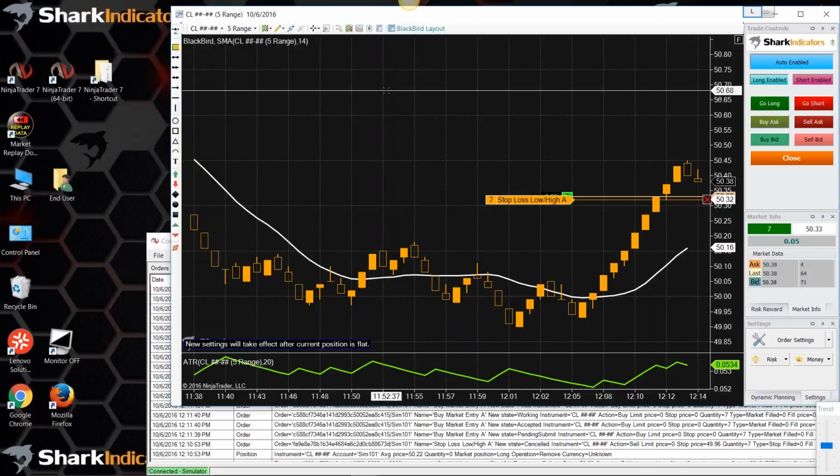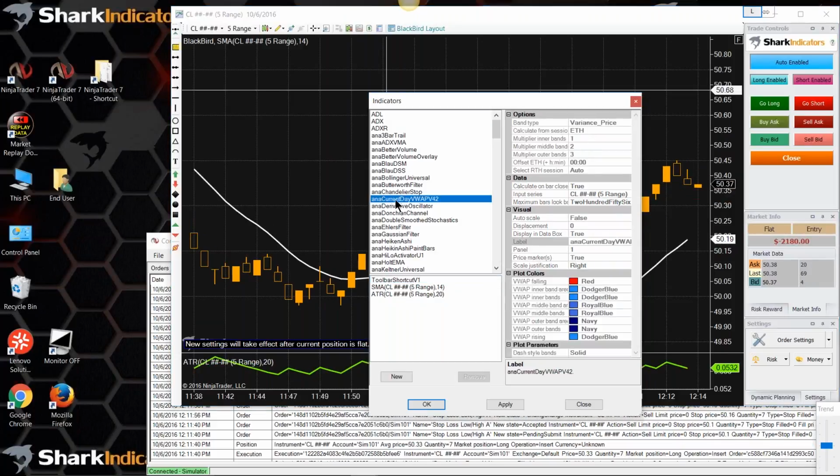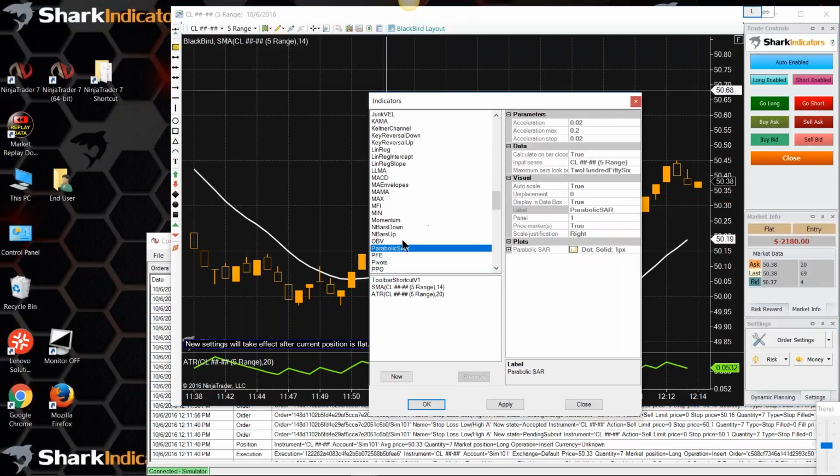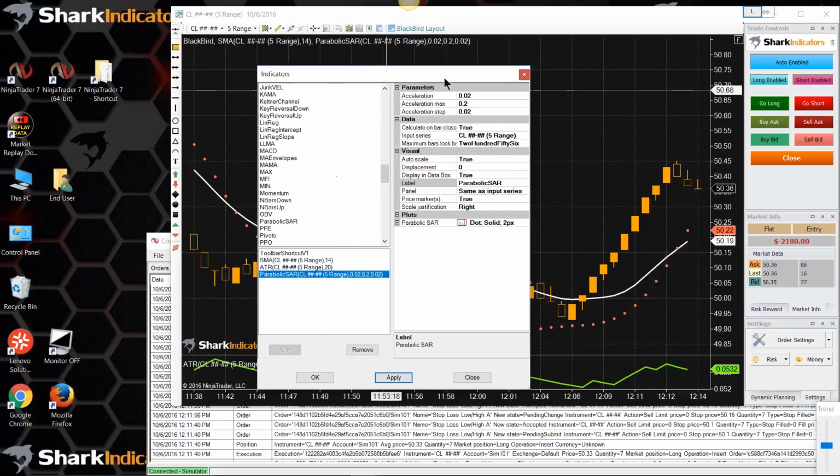And before we continue, let's put the parabolic SAR on the chart. I'll set it to red here.